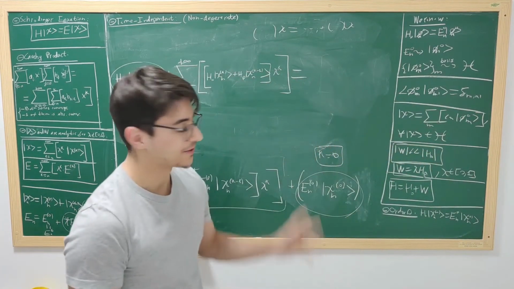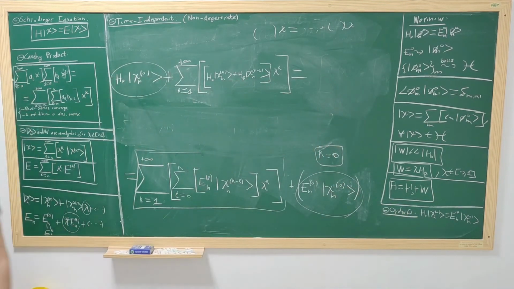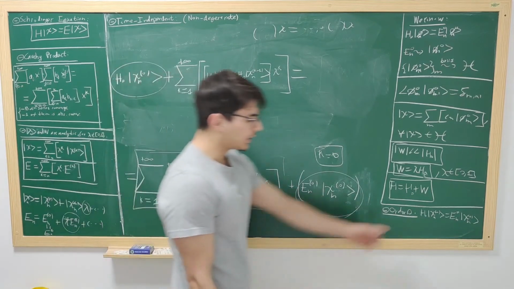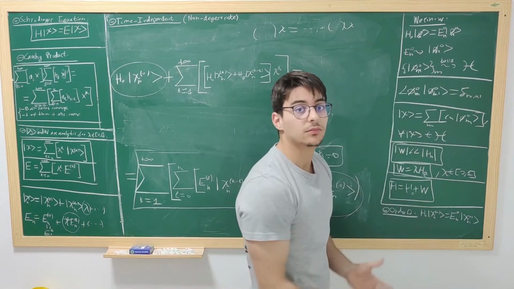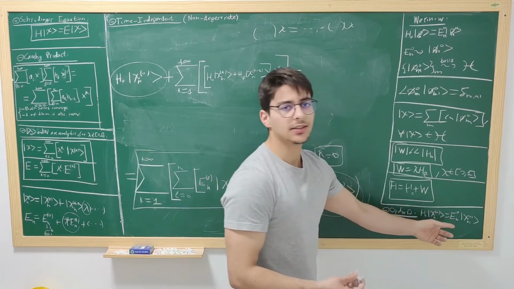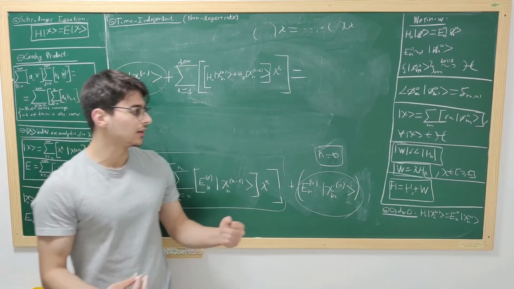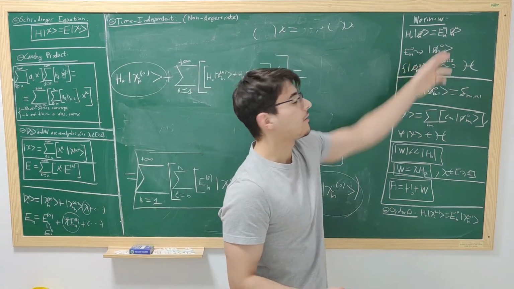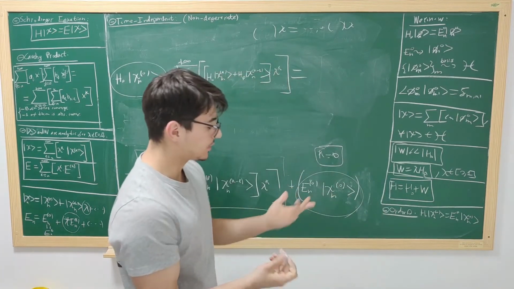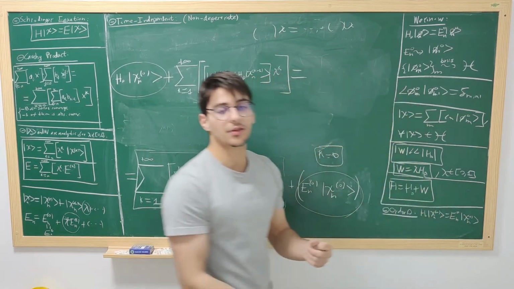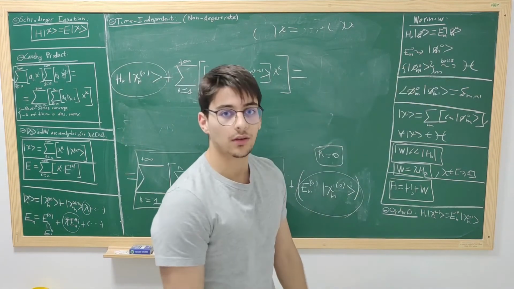But wait a minute. What is this phi or psi 0? Well, we get our H naught, applying it to some state, and it gives us E0 naught. But we said that there's only one possible state which satisfies this, that is phi n0. So the first order correction to the energy, as we said, is this, and the first order correction to the wave function is our original wave function.